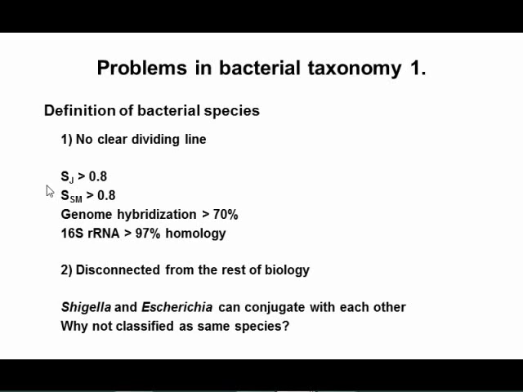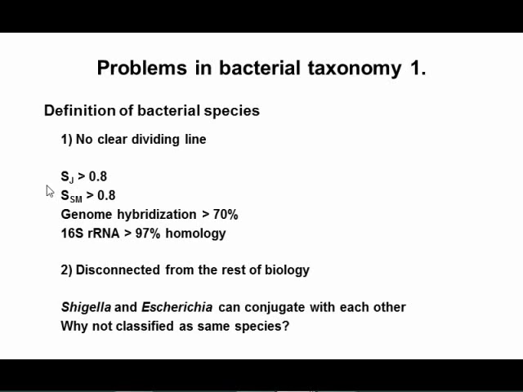Of course, whenever you have this kind of numerical cutoff, it's like when somebody passes their exams or doesn't. If you say 10 is the pass mark, you're always going to have somebody who's on 10.01 and somebody who's on 9.98. And it's going to be like this with bacteria.